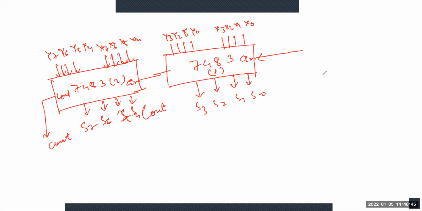This is one IC 7483, and this is another IC of 7483. The four least significant bits of the number are added in the first adder, and then the carry output of this adder is given as the carry input to the second adder, which adds the four most significant bits of the number, and the output carry of the second adder is the final carry output.